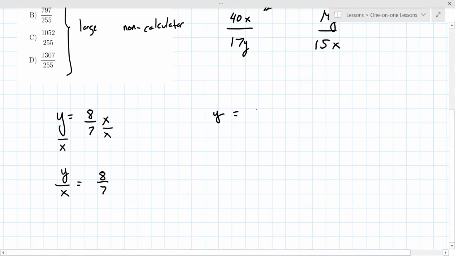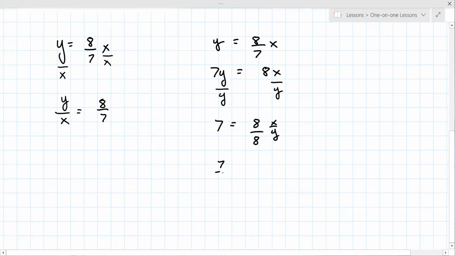So if y equals 8 over 7 times x, 7y equals 8x. And if I go the other way and divide by y, I get 7 equals 8x over y. And if I divide by 8, I get 7 over 8 equals x over y.